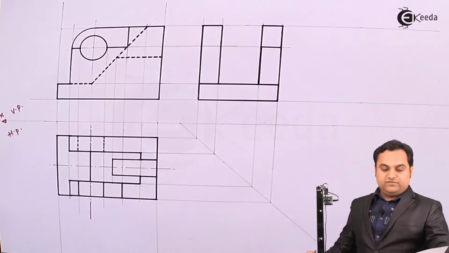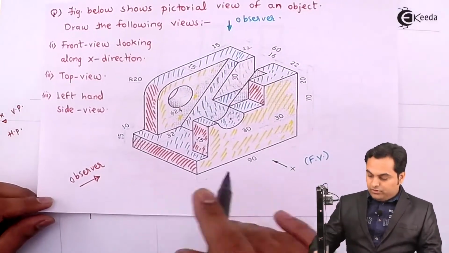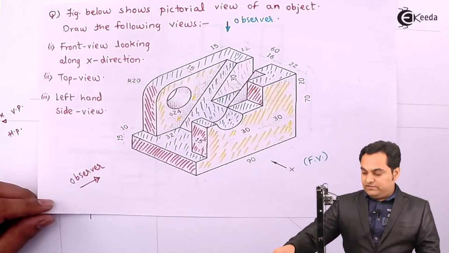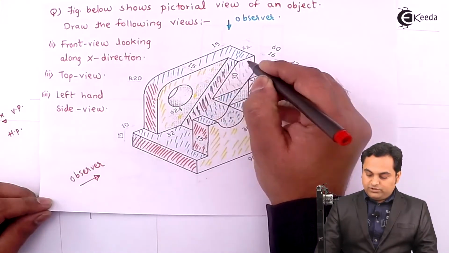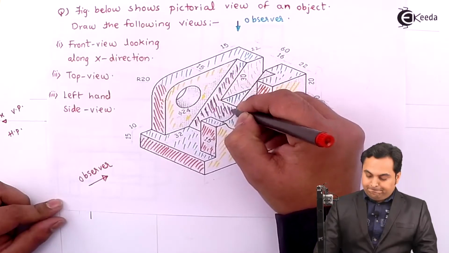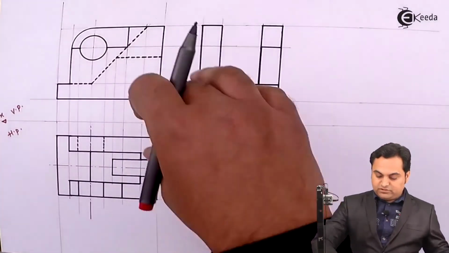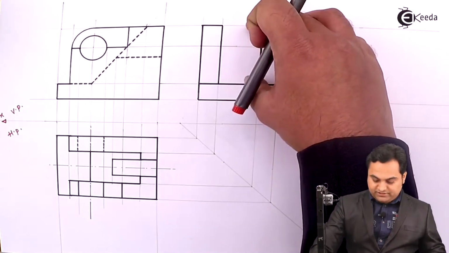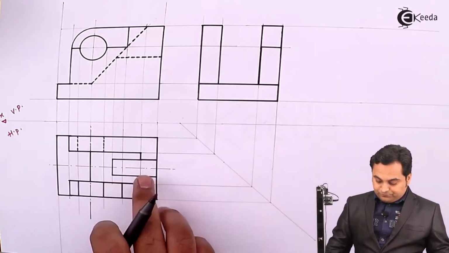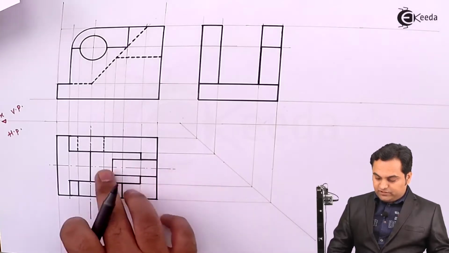So this surface is visible. Then looking from the side, even this slope will be visible along with the cut. So the height of the slope we already have, it is just 15 mm above, that is inside this surface. Then I have to just get the width of the cut here.